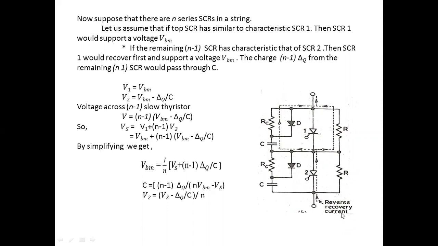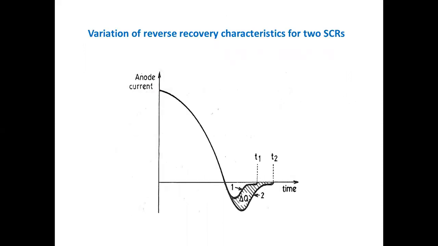Therefore, SCR1 is assumed to have a short recovery time as compared to SCR2. Here, if you observe within the diagram, this is the variation of the reverse recovery characteristics for two SCRs. This is the second SCR, and this is the first SCR.